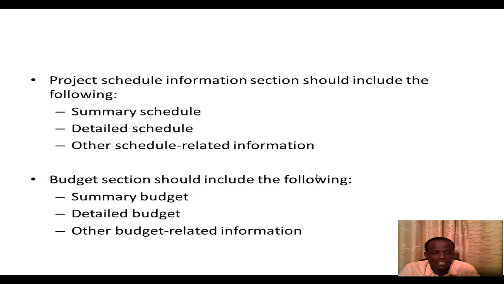Now, the budget section should include the following: a summary budget, or a snapshot of the budget of the project, a detailed budget, and then other budget-related information, such as any documentation or anything relevant to the budget.